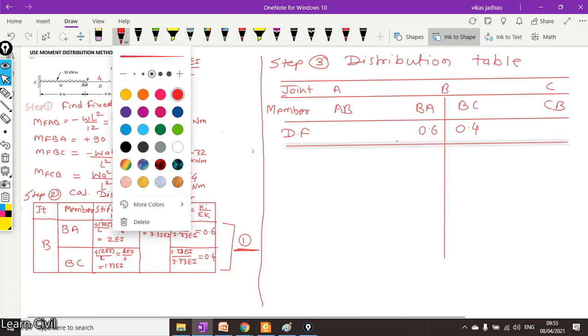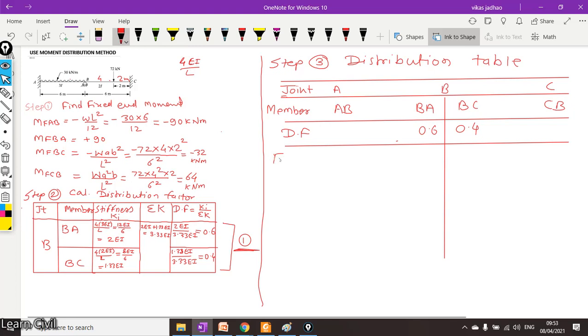So write down the fixed end moments. For member AB the fixed end moment is minus 90. So write down here minus 90. For member BA we have the fixed end moment as plus 90.